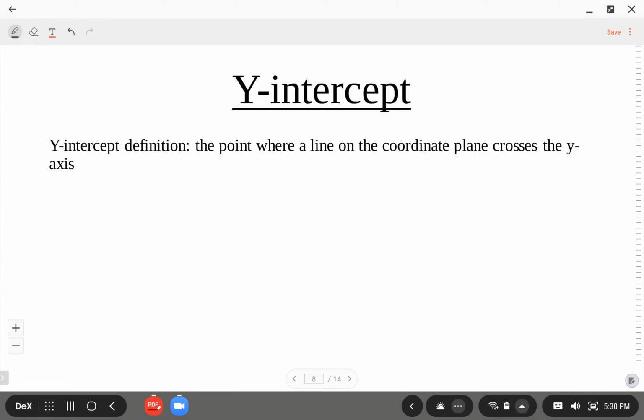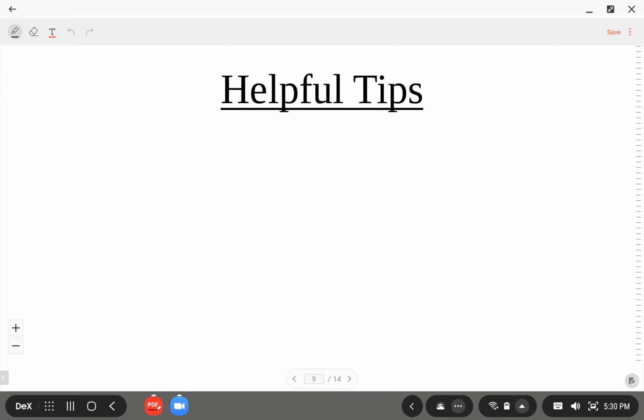Okay. So here are some helpful tips, and they'll come in use when we talk about linear equations and how to graph them. As I know a lot of you went to my previous 5th and 6th grade classes, you might think that this slope and y-intercept you already learned.